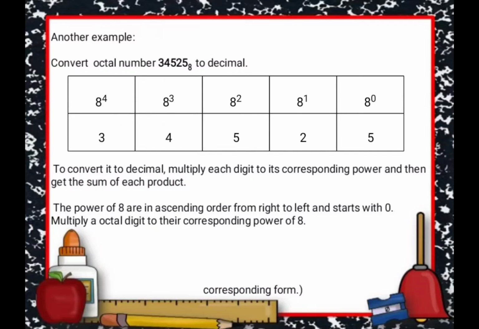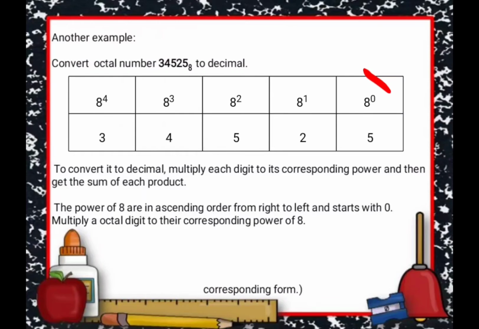So in ascending order, we start from 0, 1, 2, 3, 4. So for the 34525 octal number, we have to multiply by the corresponding power of the base 8.